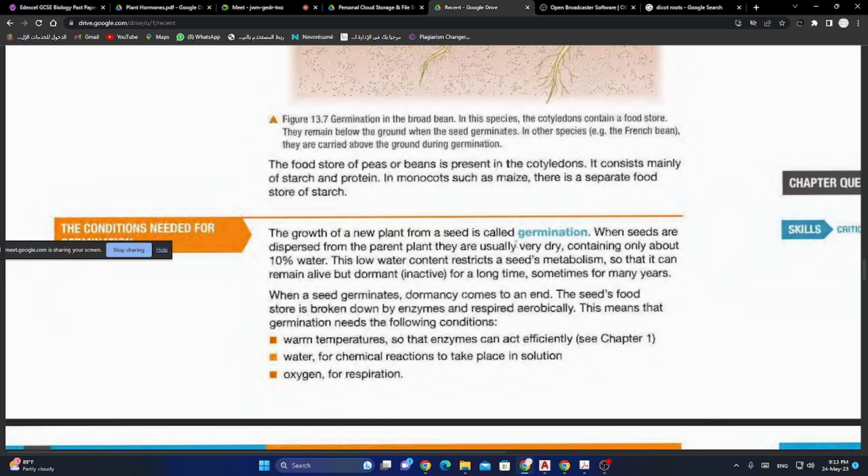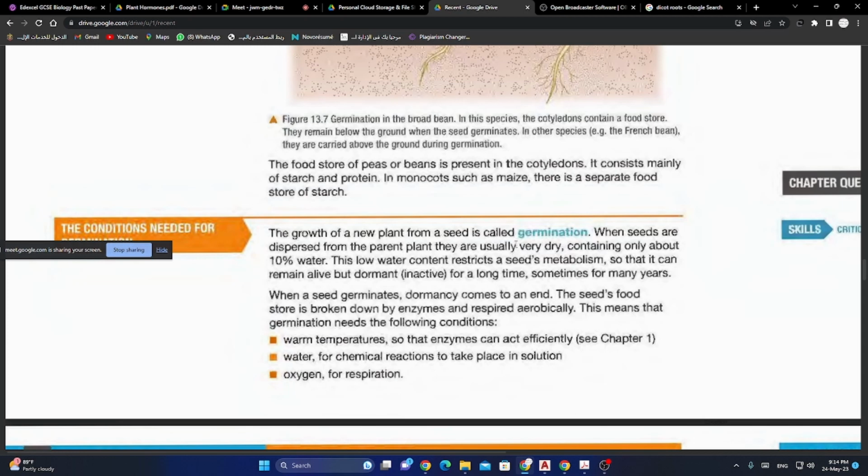That's why there are a lot of plants that form their seeds during the winter or right before the winter, and the seeds remain dormant until spring comes so that it can start germinating efficiently, right? It's going to have enough sunlight, enough water, and a warm temperature in order for the enzymes to actually work properly.